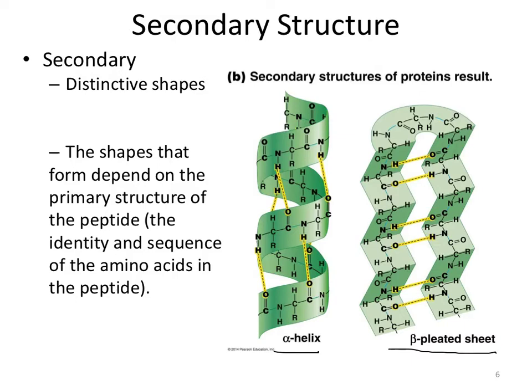The shapes that form as a result of secondary structure, as a result of this internal hydrogen bonding, depend on the primary structure of the peptide, the identity and sequence of the amino acids in the peptide.